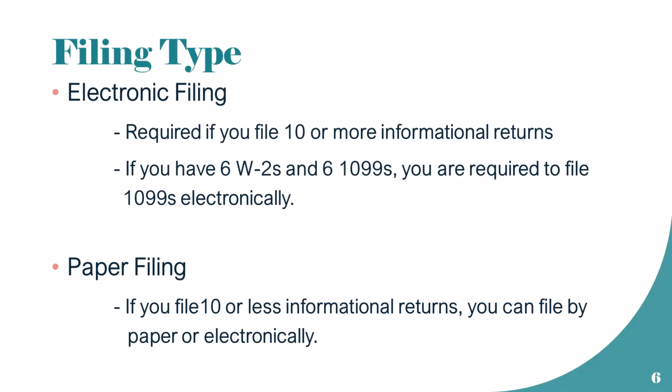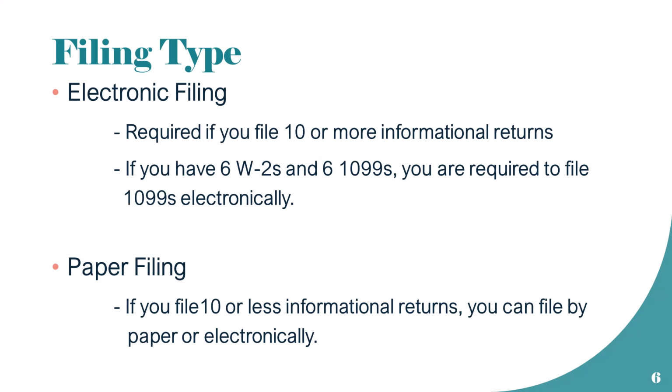So when you file your 1099 list, you'll want to determine if you file your 1099s via paper or electronic. There has been a new rule change from the IRS in that if you have 10 or more informational returns, you are required to file electronically. So that means if you have 6 W-2s and 6 1099s, then you are required to file your 1099s electronically.